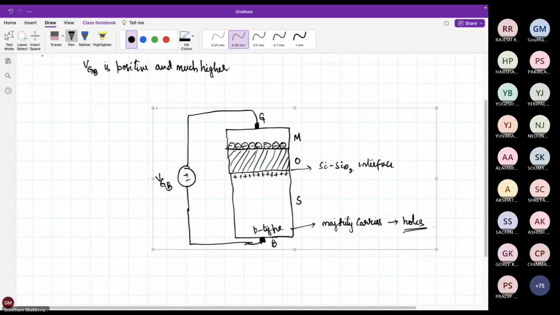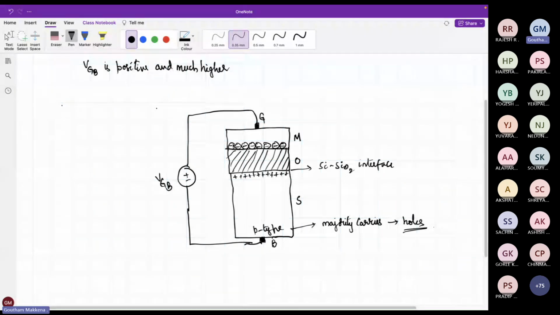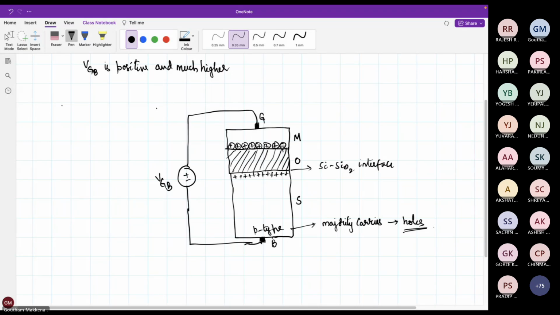Right. So now tell me. So what are these charges? These are positive charges. So what will happen at the interface? Remember, what are the minority carriers? Yeah, what are the minority carriers here?